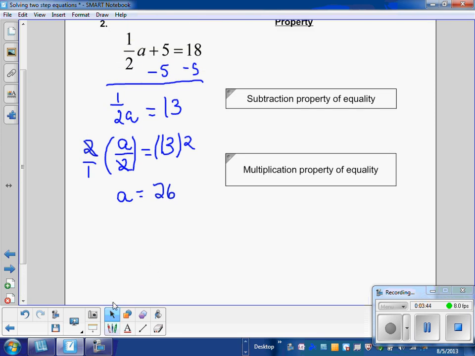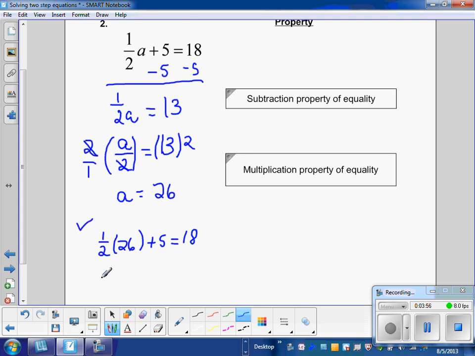We're going to substitute 26 in for a. That's our check. 1/2 of 26 is 13. Plus 5 is equal to 18.